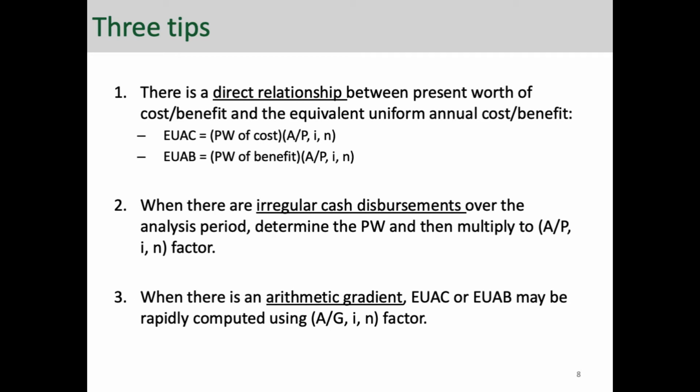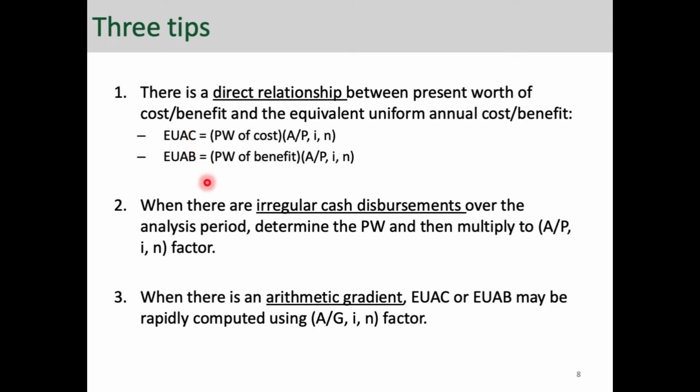Let's talk about three important tips in annual worth analysis. First of all, we know that there's a direct relationship between present worth of cost or benefit and the equivalent uniform annual cost or benefit. Essentially, a way of converting P, present worth, to A, annual worth, either for benefit or for the cost.